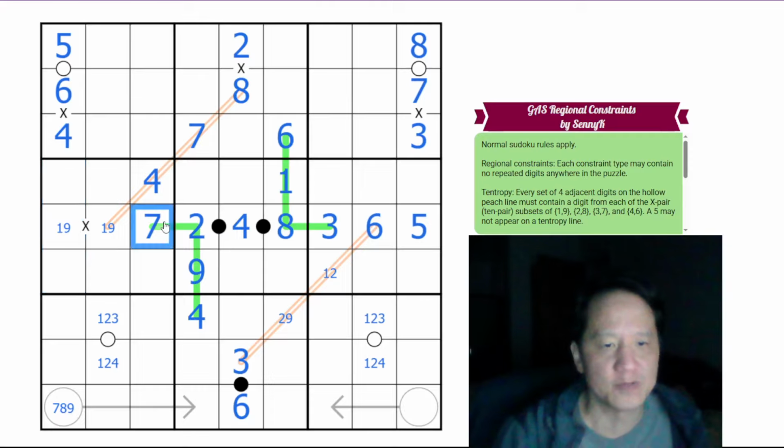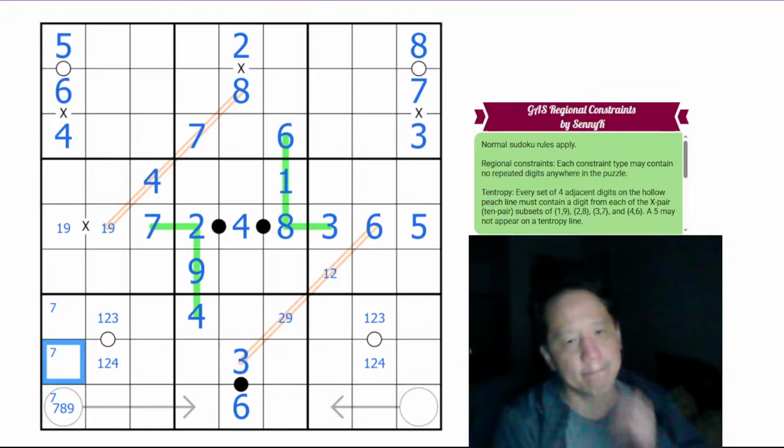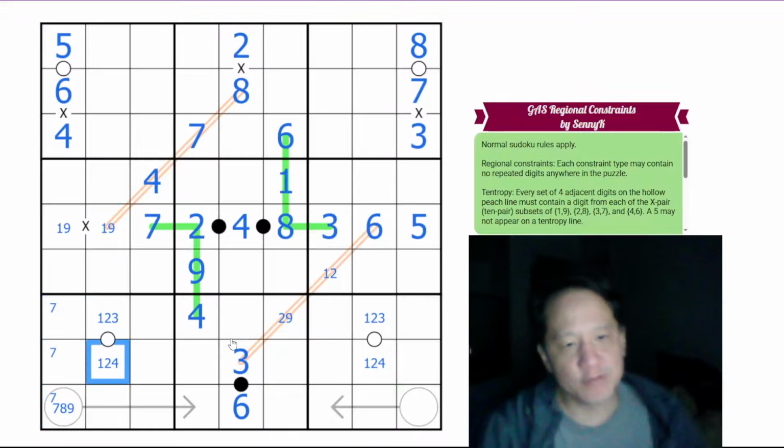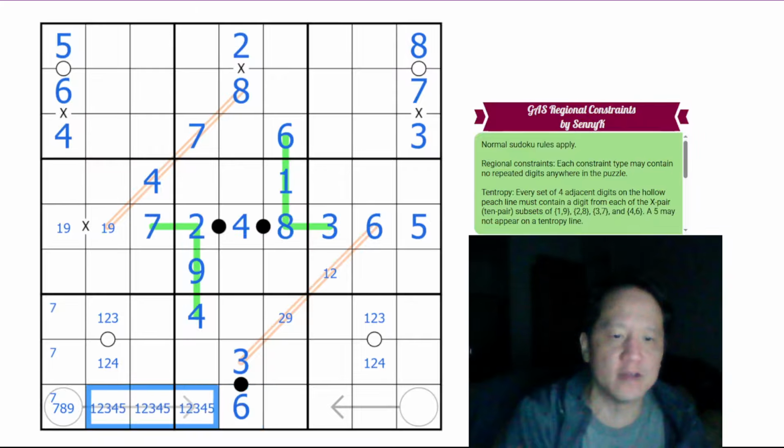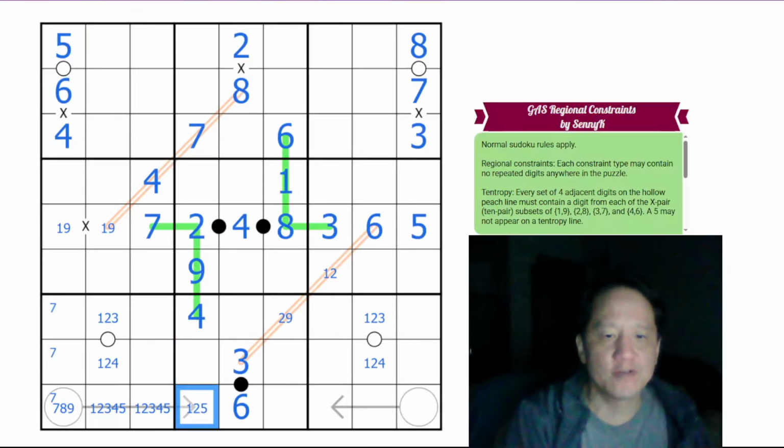Cannot be here because of 7 in the box, so it has to be one of these 3. For 3 digits to add up to 7, 8, or 9, it has to be at most 6 as the highest digit, and this can't be 6, so this is 1 through 5 here. No 3 or 4 here because of 3 or 4 in the column. Can't be 2 because of 2 in the box and 2 in the column.